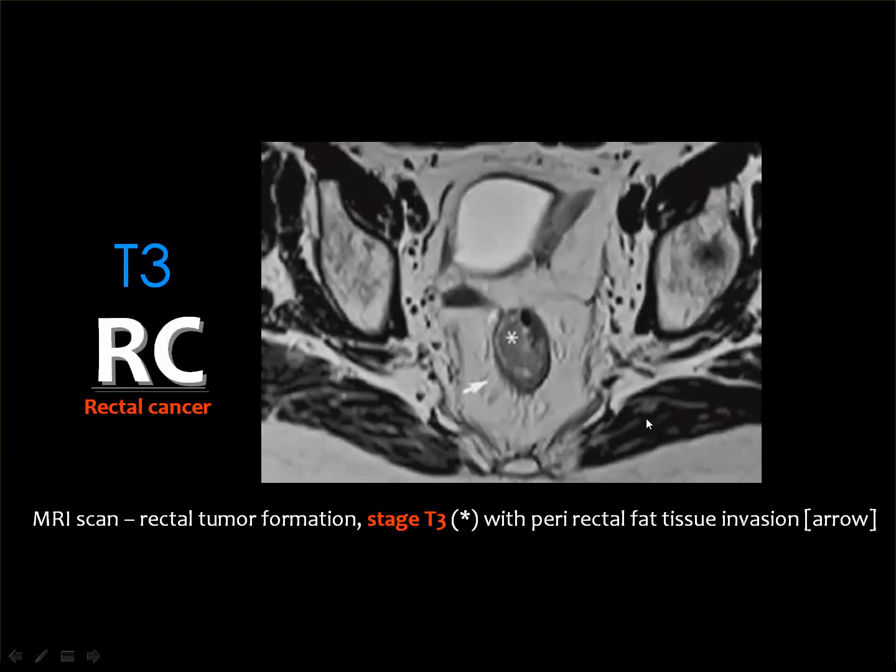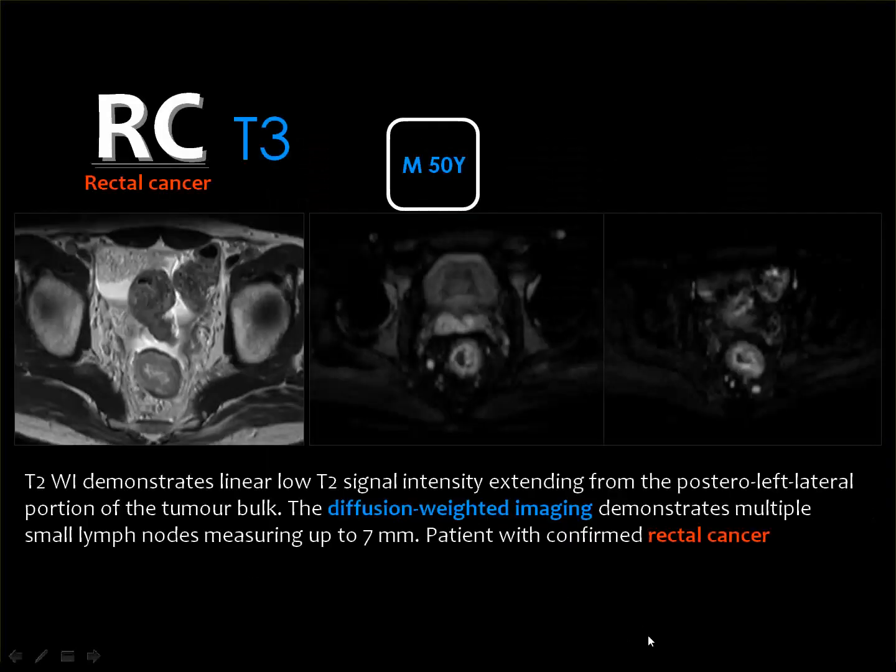Then, if you see a tumor with a stranding of the perirectal fat, and these strands are thick and may be nodular in appearance, then you consider this as stage 3.